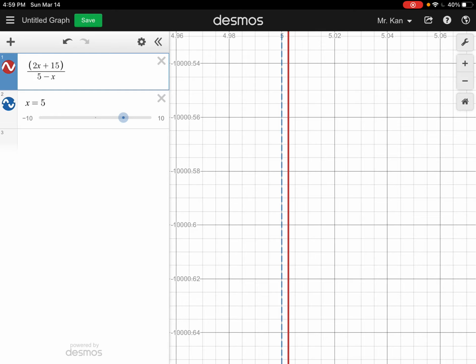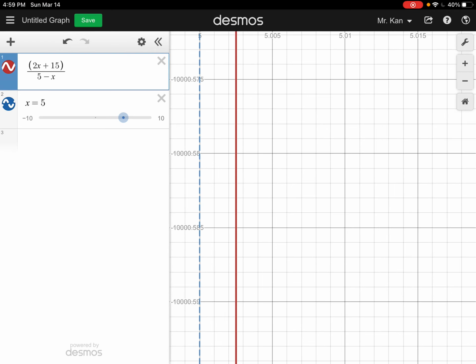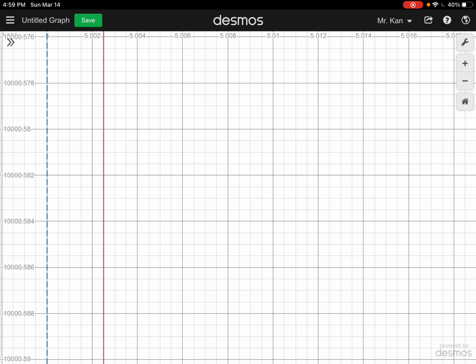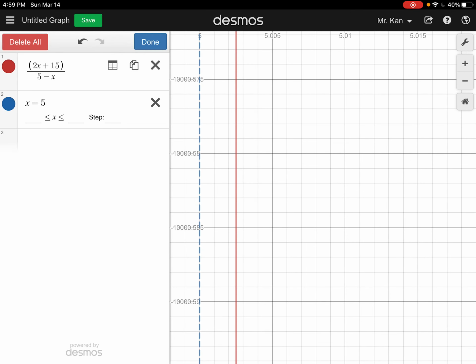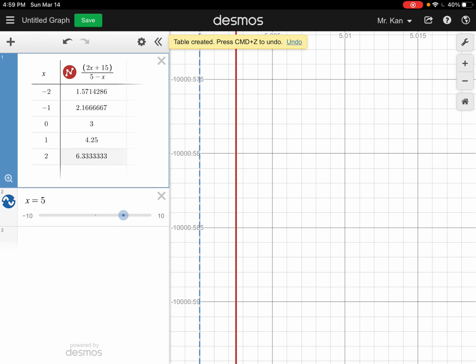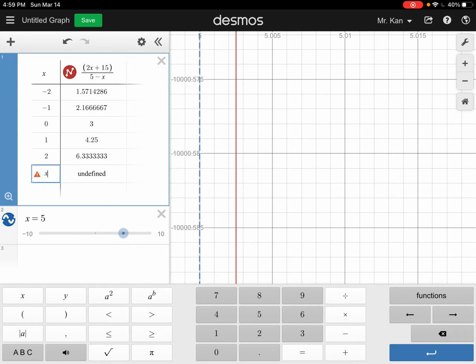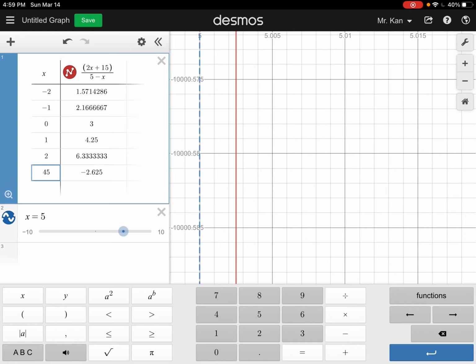Maybe if we look at a table of values. Let's say x equals 4.5 or something like that, something close to 5.